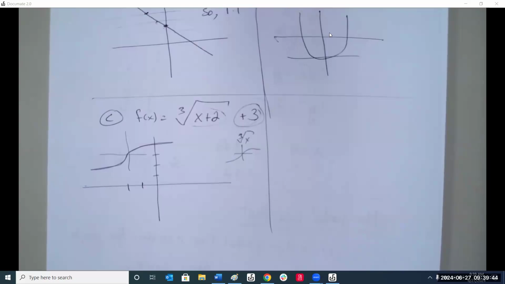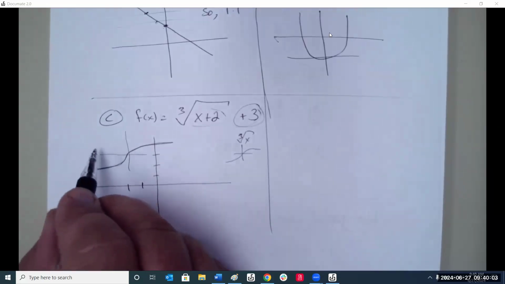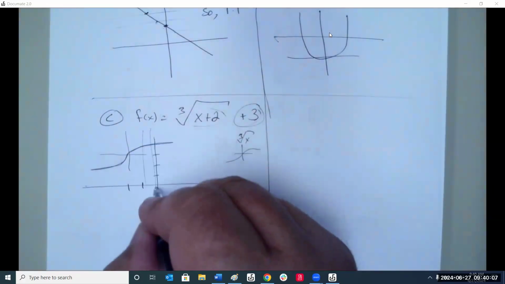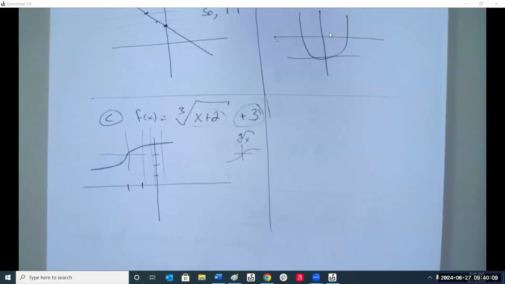Is it one-to-one? Why? For one-to-one, we use the horizontal line test. And you can use it because it passes the vertical line test. It's a function, which means that there aren't 2 x's to the same y.